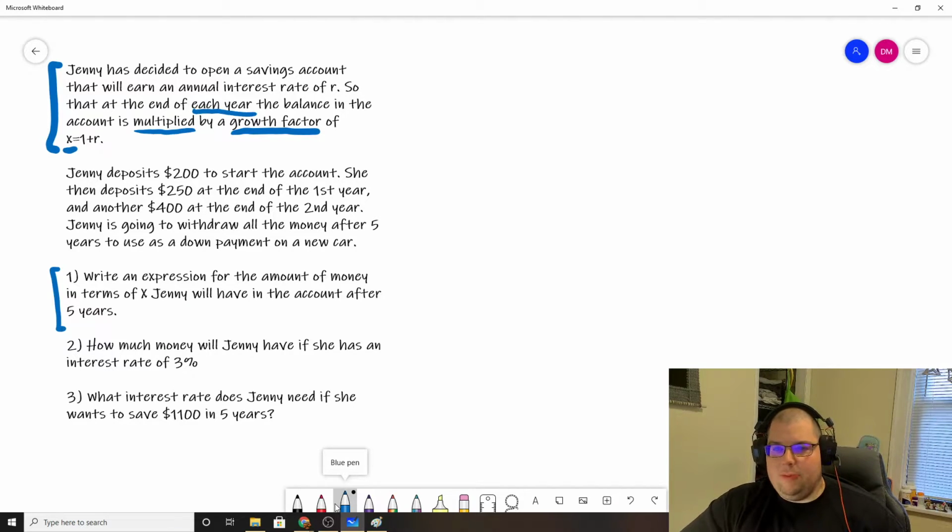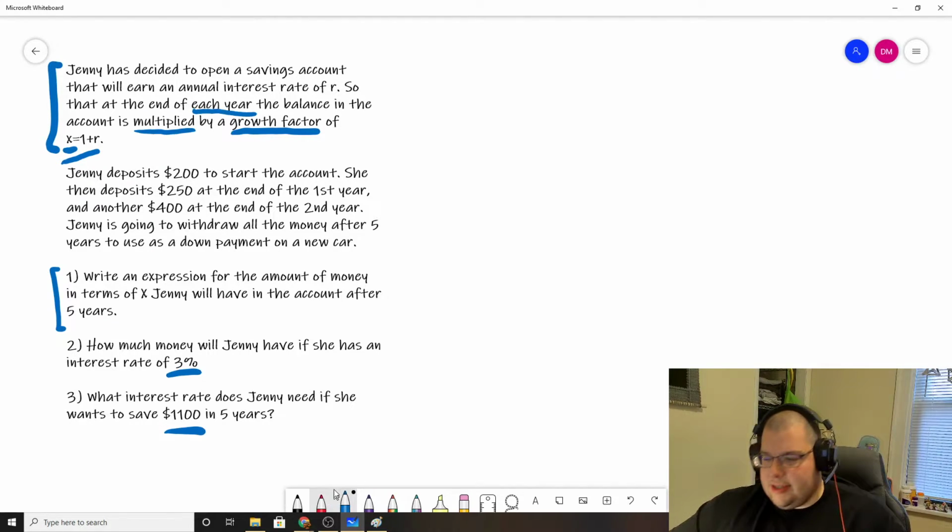It also helps us that they tell us X equals 1 plus R. So X is going to be 1 plus the interest rate, which is also going to help us solve number 2 and 3 when they're talking about money and interest rates.